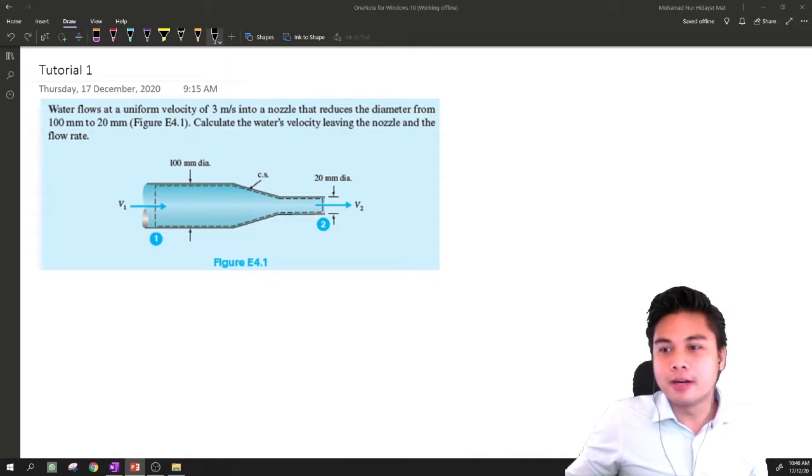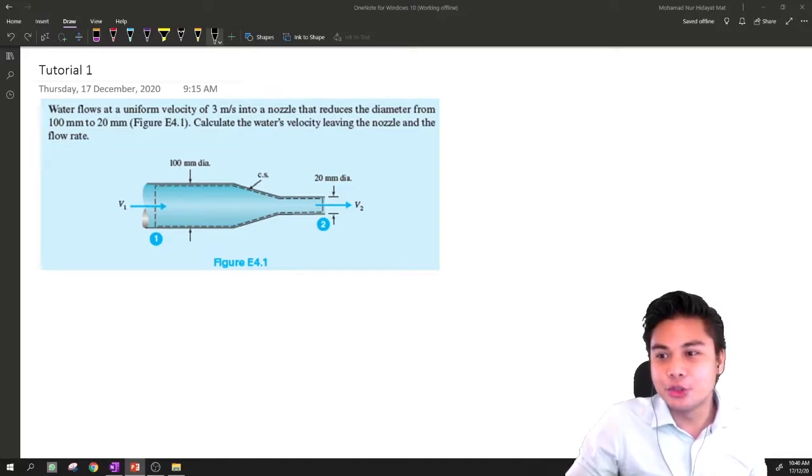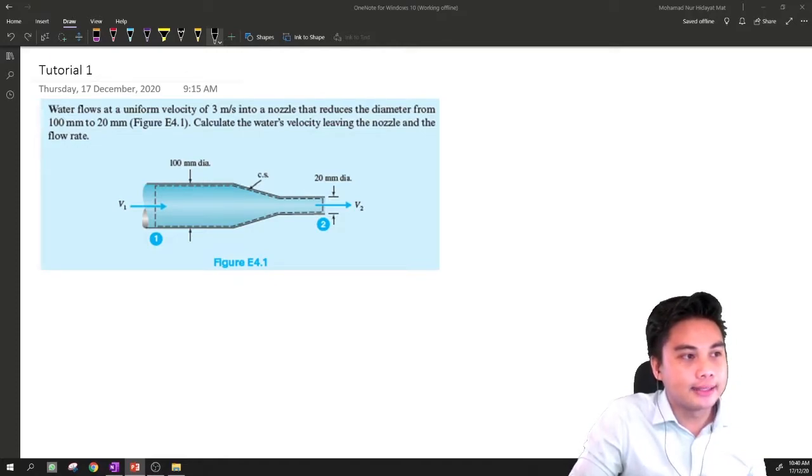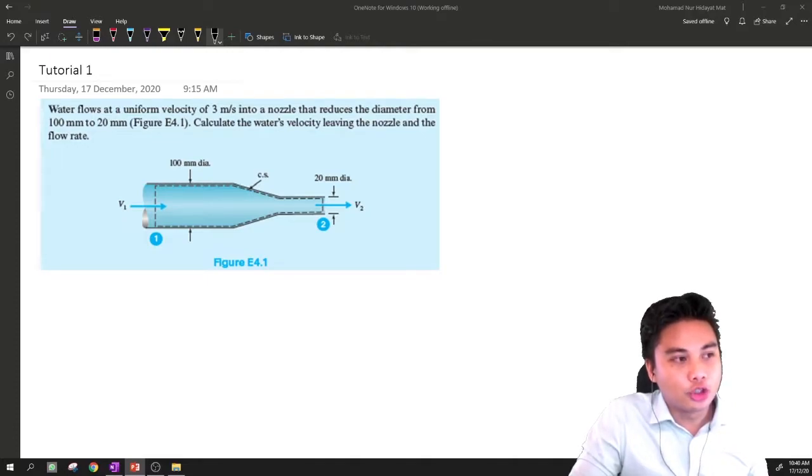Thus, in order for us to analyze further, the control volume is selected to be inside the nozzle. In the control volume, we have two components: the control surface and the control volume.